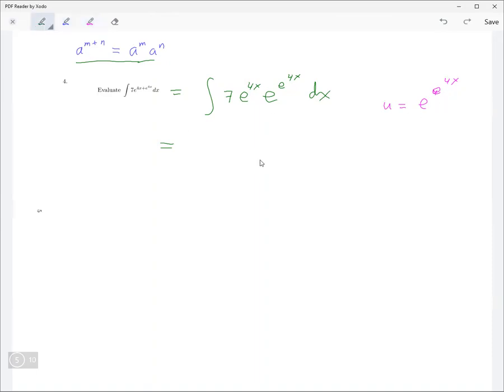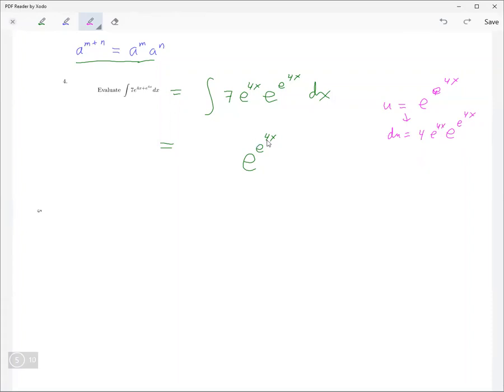But like I always try to do, I always like to just guess at these. Okay, but you can do that, and then you can go, oh, du is just going to be e to the 4x times the derivative of this part, which is 4e to the 4x.